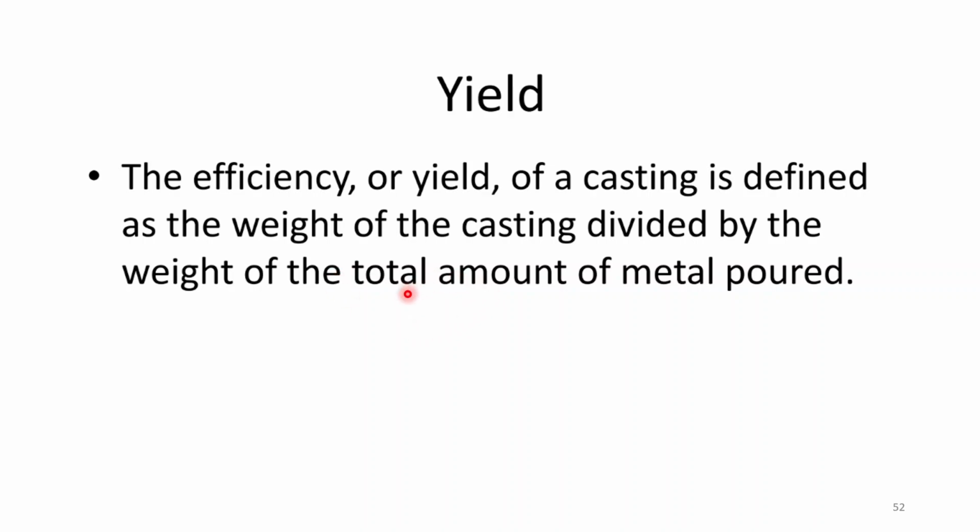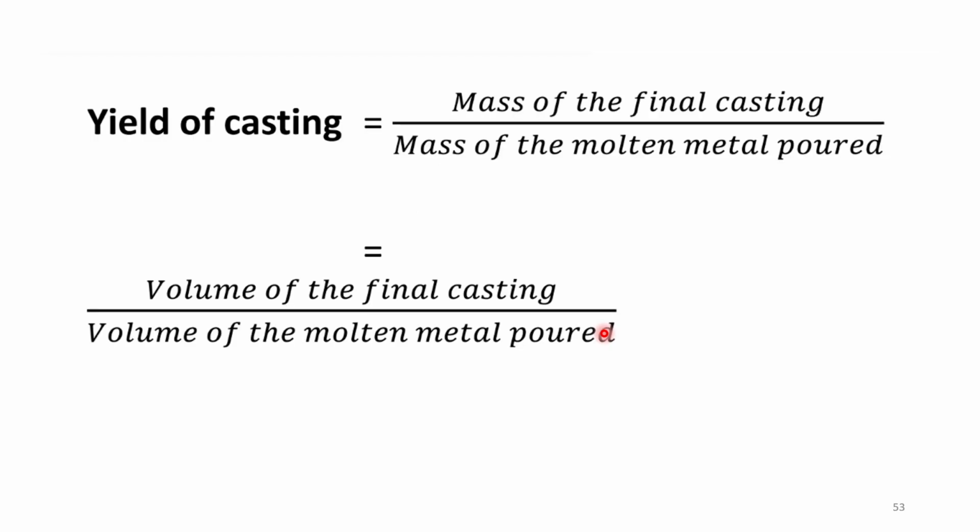The total metal poured is counted including the riser part, runner part, and pouring basin part, which have to be cut down from the casting. So the formula is: mass of the final casting divided by mass of the molten metal poured, or equal to volume of the final casting divided by volume of the molten metal poured.